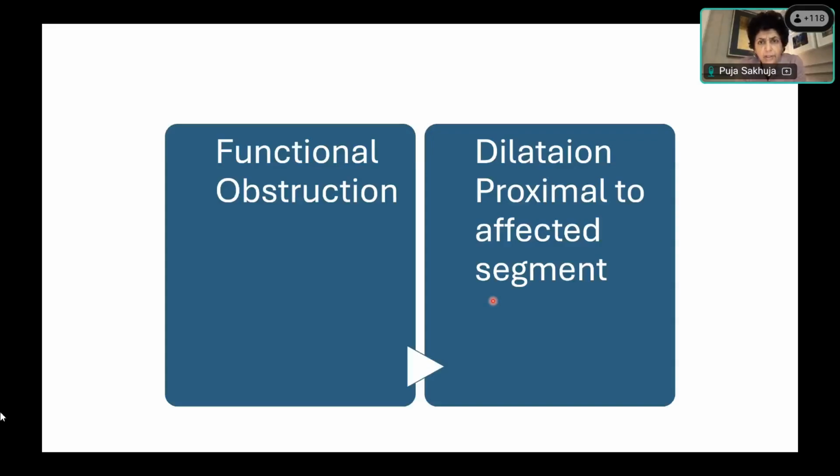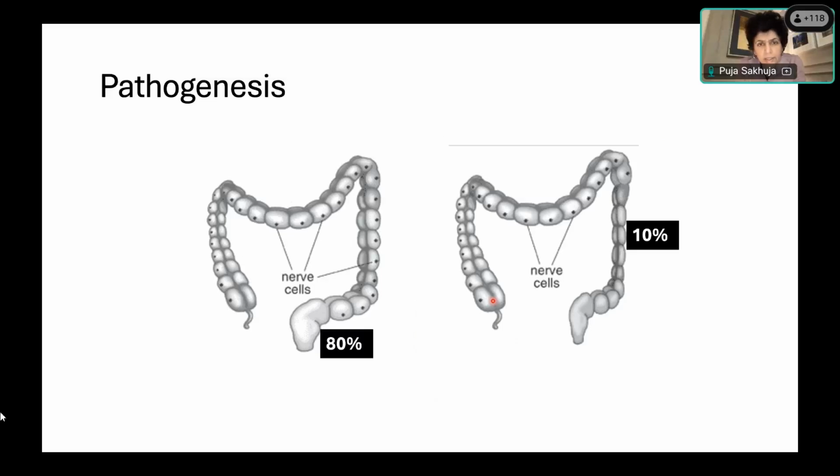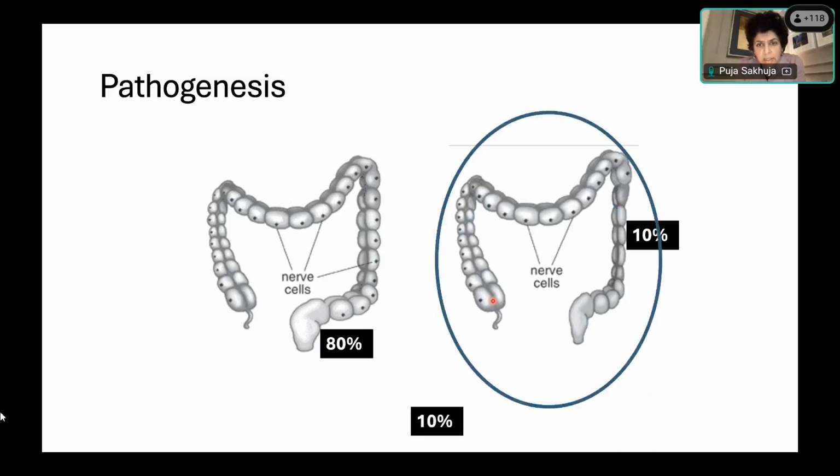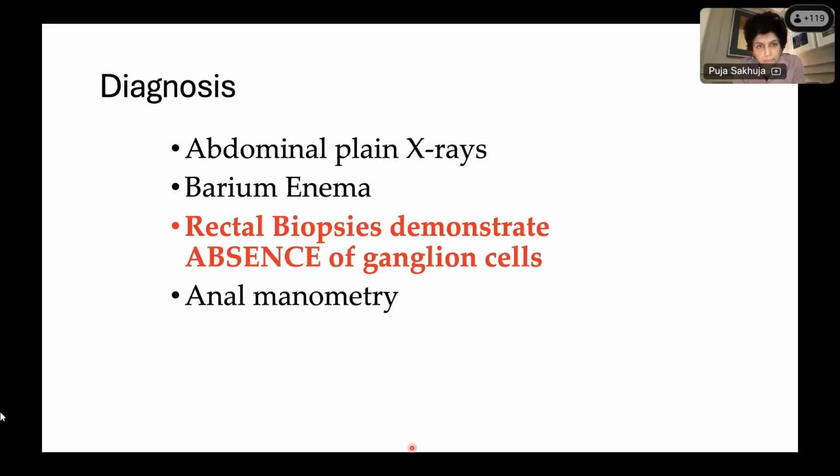So there is a functional obstruction and dilatation, and 80% of the cases have aganglionosis just in the distal segment, whereas 10% have it in the right or left side of the colon, and 10% have total colonic aganglionosis.